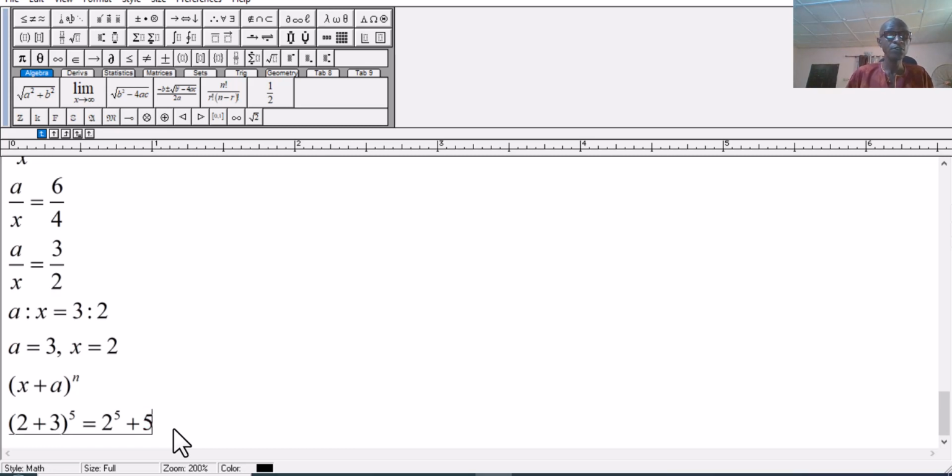so that will be 5 into 2 to the power of 5 minus 1 into 3. Then the next one, that would be 5 combination 2, so that would be 10. 5 combination 2 is 10. So we have 2 raised to the power of 5 minus 2, then 3 all squared.